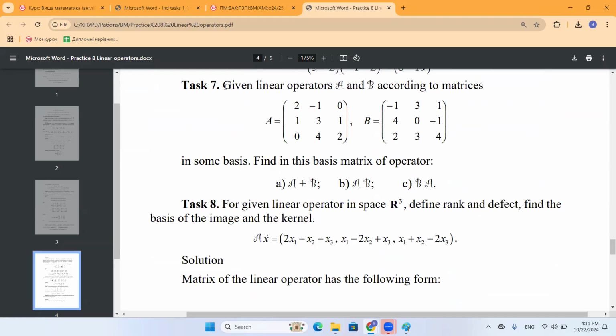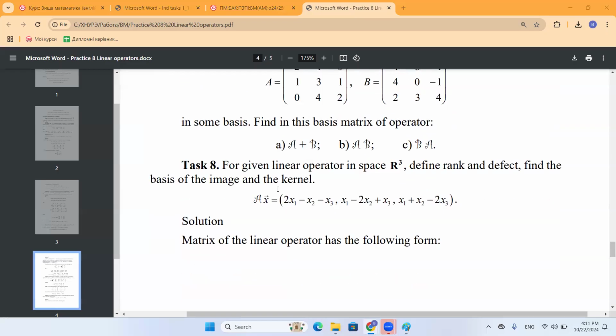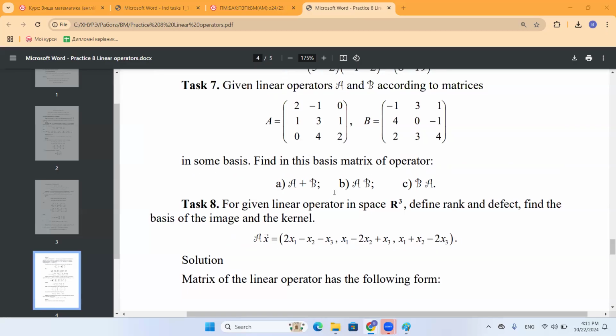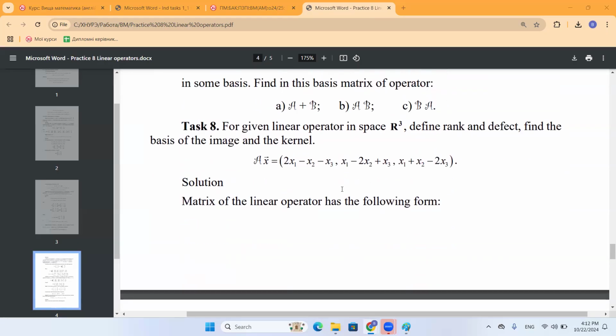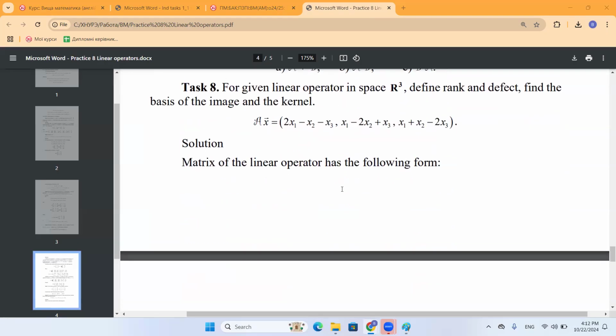Task 7 is identical to the tasks that we were doing before. So we have two matrices. We don't even need to write an explicit form of the matrix, and you just need to do simple actions. Add matrices and multiply from different sides.